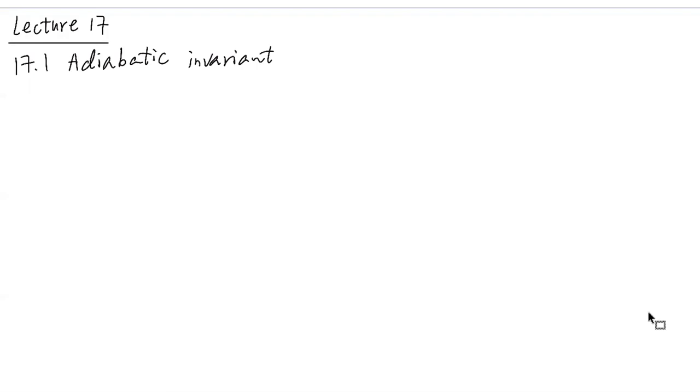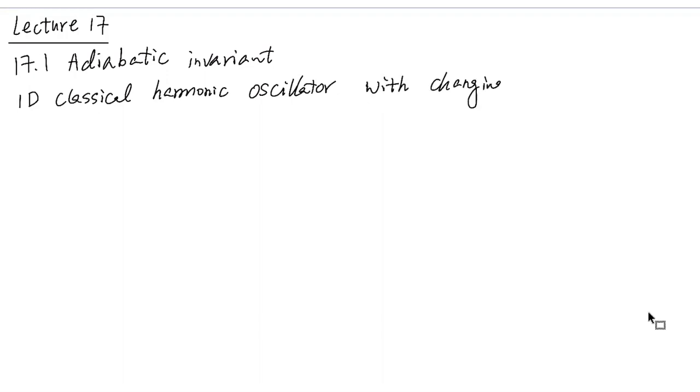Let us consider a one-dimensional classical harmonic oscillator. The angular frequency of this harmonic oscillator is changing with respect to time.